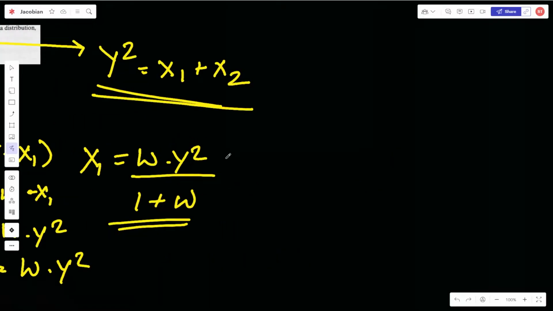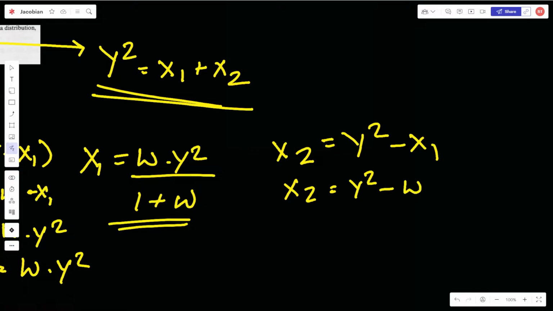So now that we know what our x1 value is, we can go ahead and find our x2 value. x2 is equal to y squared minus x1. So x2 is equal to y squared minus w times y squared over 1 plus w.